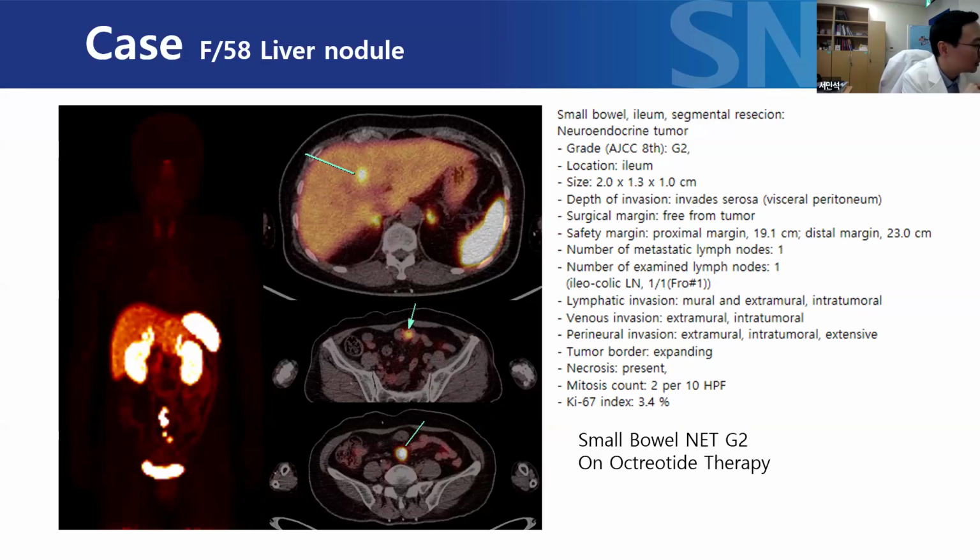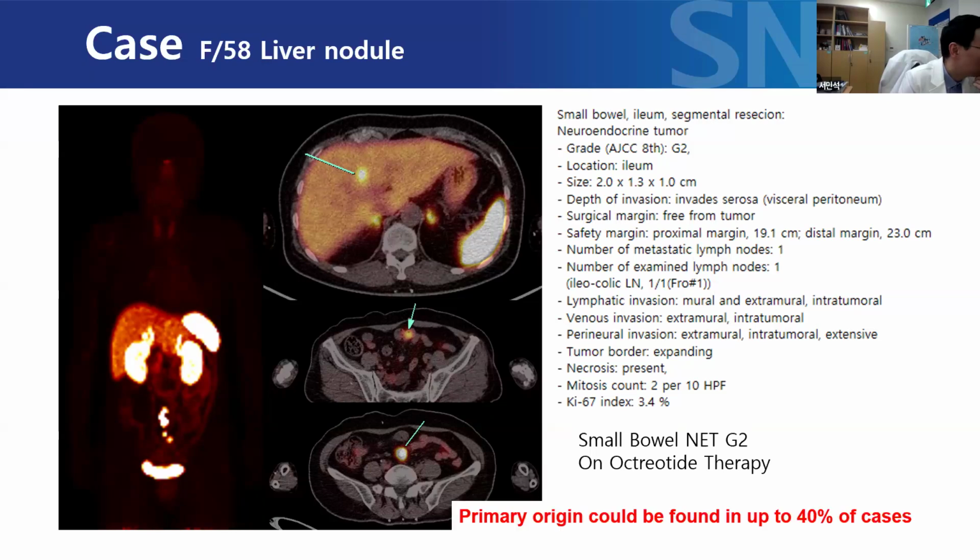In such a case, in patients with neuroendocrine tumor metastasis with an unknown primary, somatostatin receptor PET can localize the primary site in about 38 to 40% of cases.